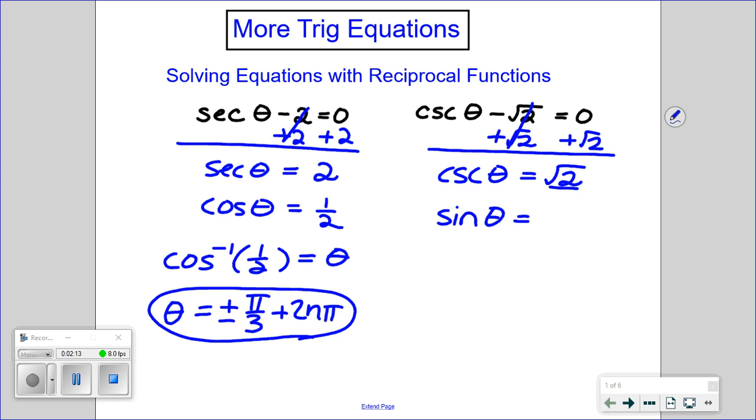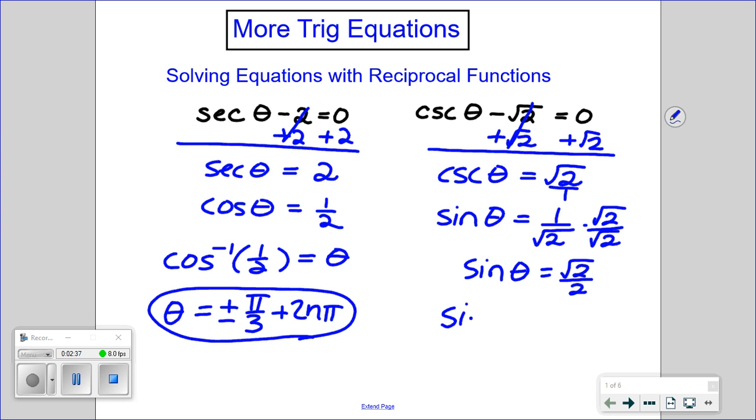Now, if we make square root of 2 a fraction by putting a 1 under it and then flip it, we initially get 1 over square root of 2. But you might not recognize that value from your unit circle. But if we rationalize the denominator, then we get sine of theta equals square root of 2 over 2.